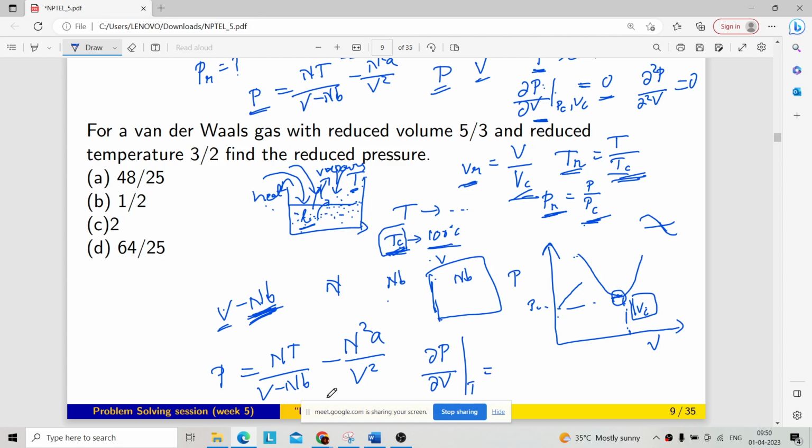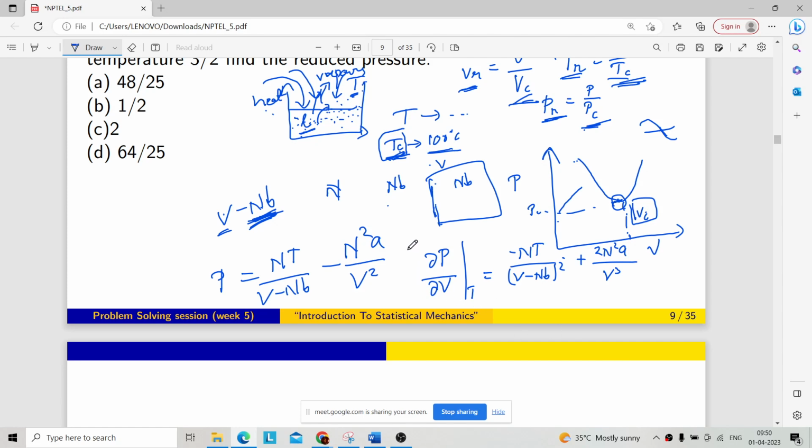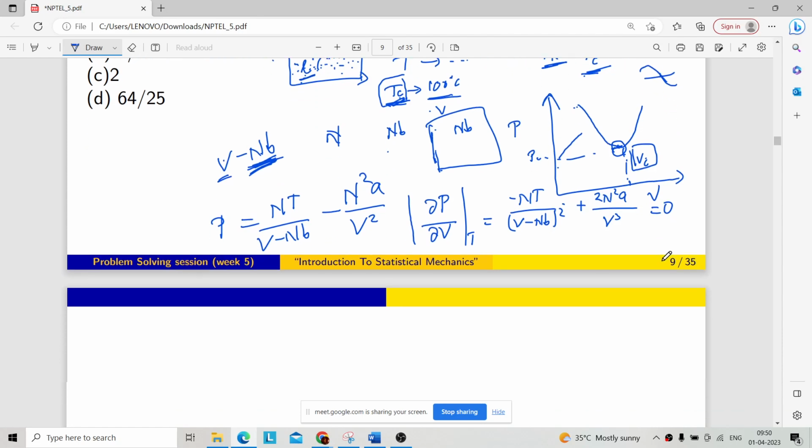So what will happen to the first term? This will be minus NT over V minus NB whole square, plus 2N square A over V cube. So I got del P over del V, which will be 0, right?